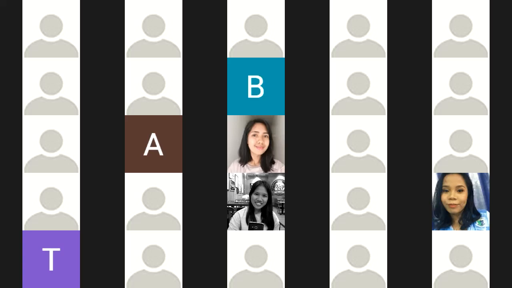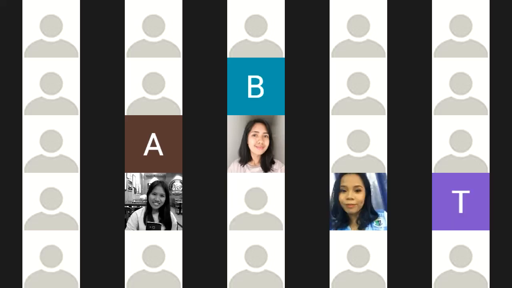If premium, sir, same lang gihapon. Yes, same lang gihapon ang premium. Lahi lang ang entries nimo, di ba? Ang debit o credit nimo. So same lang gihapon if naka-premium siya.